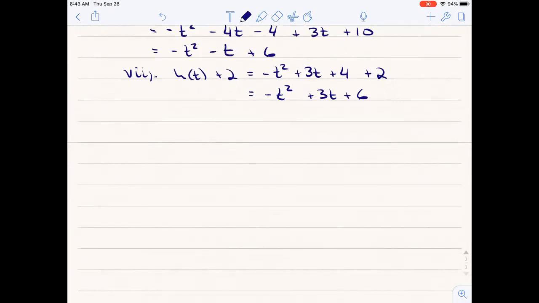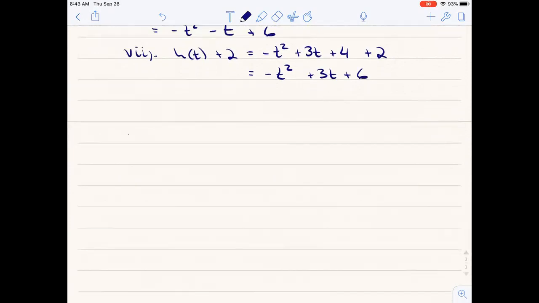How about h of t plus h of 2? Let's skip this line break here. H of t plus h of 2. We know h of t is just negative t squared plus 3t plus 4. And then plus, and I'm going to put it all in brackets.